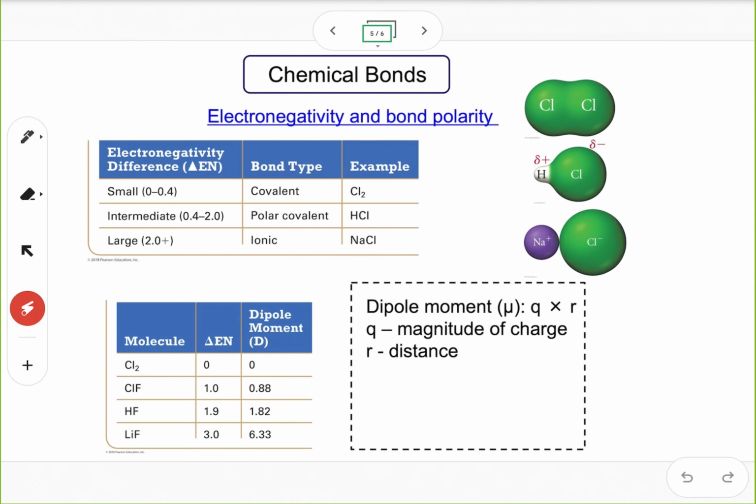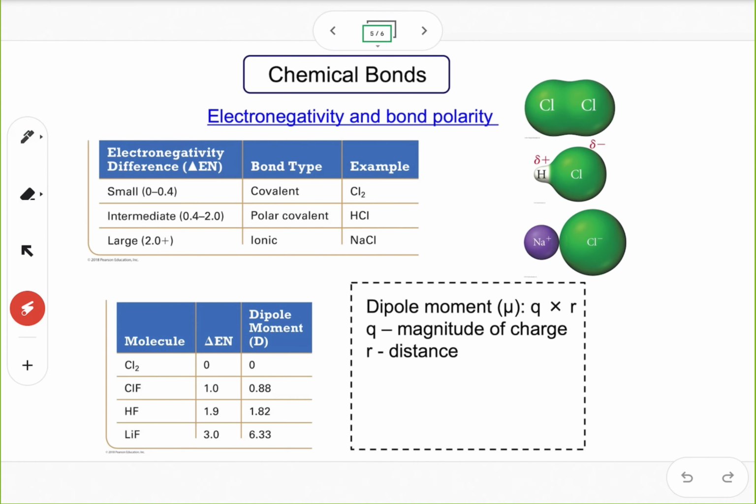Okay. Well, here this table from your textbook shows you that if the delta EN is between 0 and 0.4, then because the electronegativity difference is so small, basically the two atoms will share the electrons evenly.